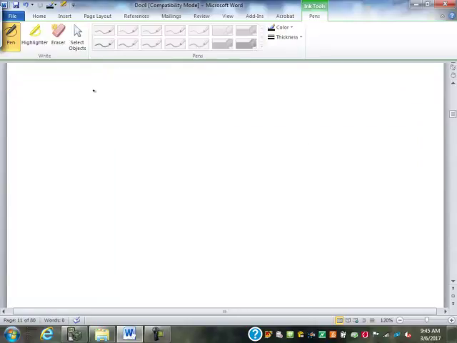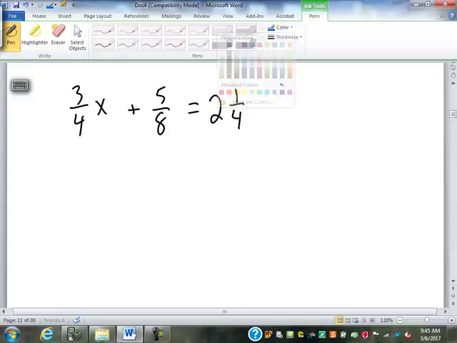Well, let's take a peek now at something, step back a little bit. Look at something like this. So the equation has fractions in it.